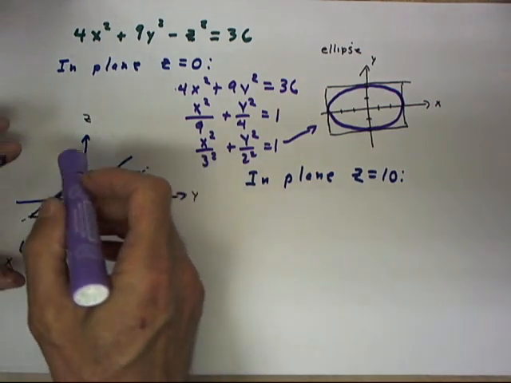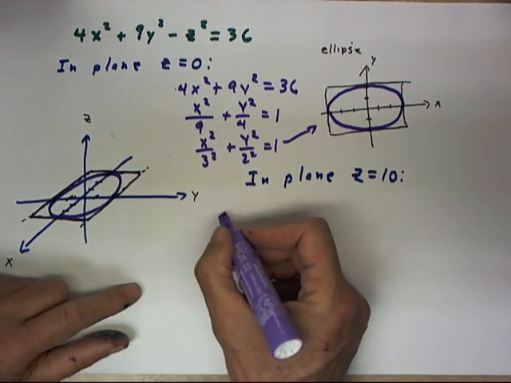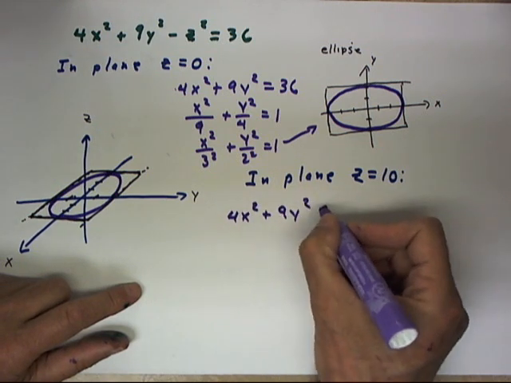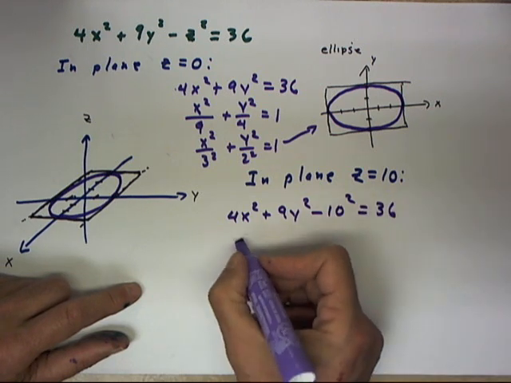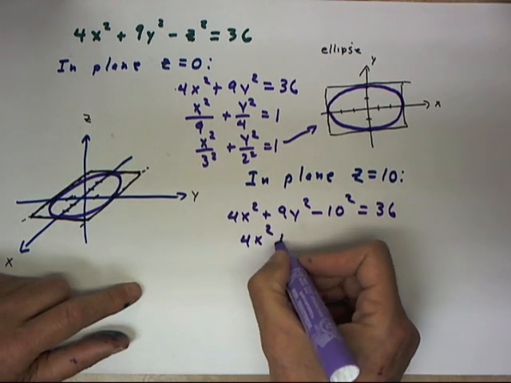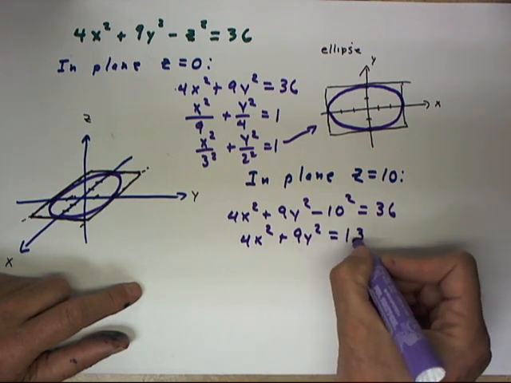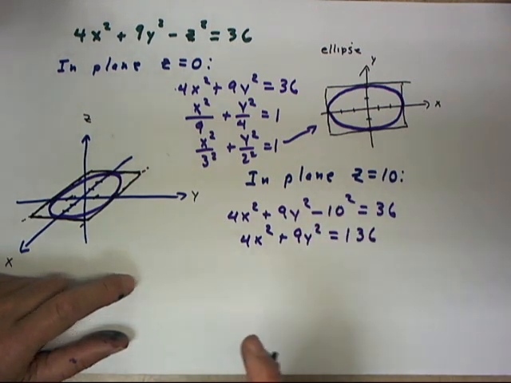We now look at what happens in the plane z equals 10. Now in that plane, our equation becomes 4x squared plus 9y squared minus 10 squared equals 36, so that 4x squared plus 9y squared equals approximately 136. 10 squared is 100, add 100 to both sides.